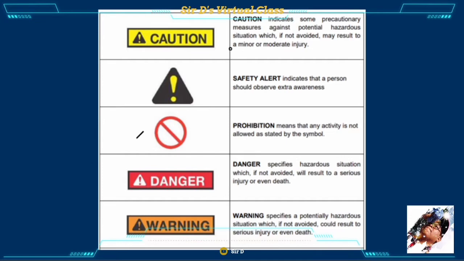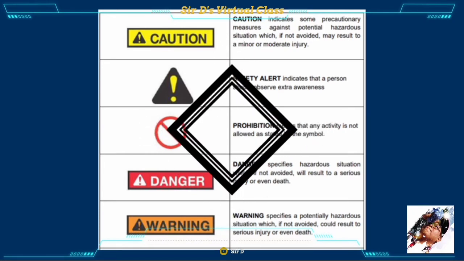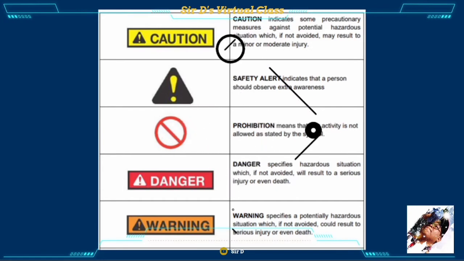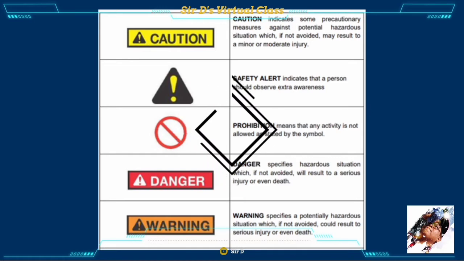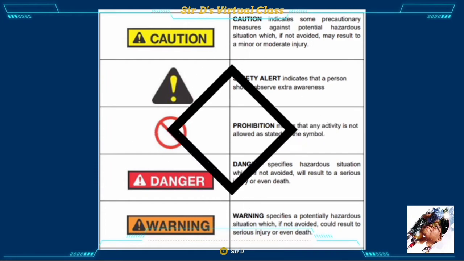The safety alert was earlier seen in the caution sign. It indicates that a person should observe extra awareness. And then, next, we have the prohibition. This means that any activity is not allowed as stated by the symbol.